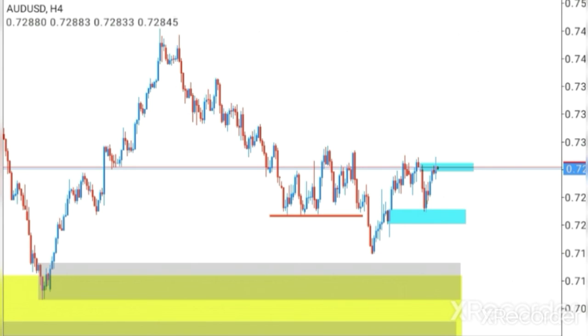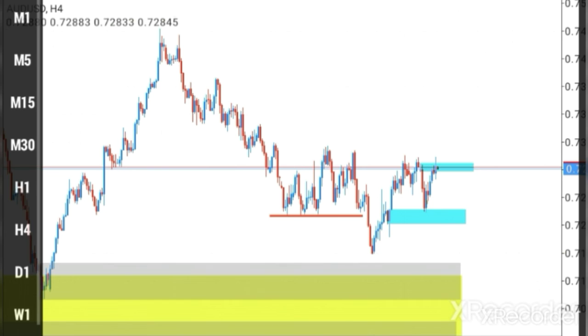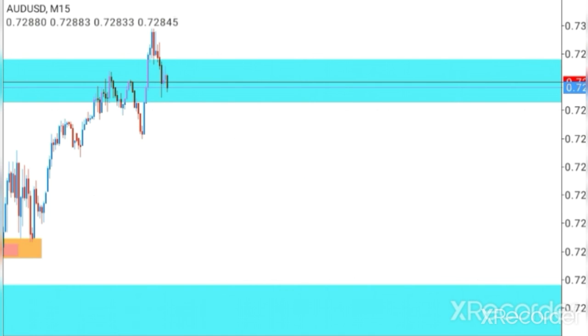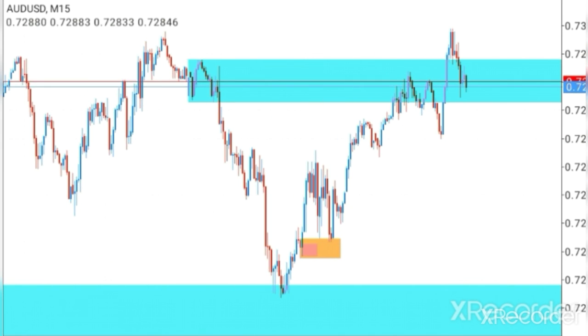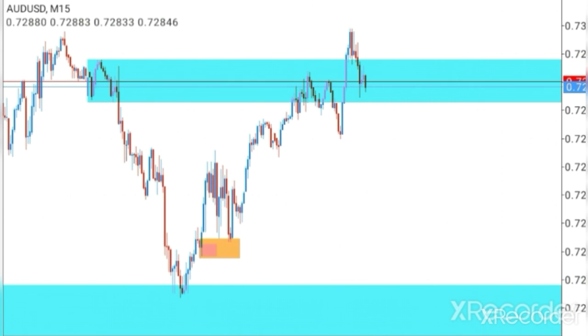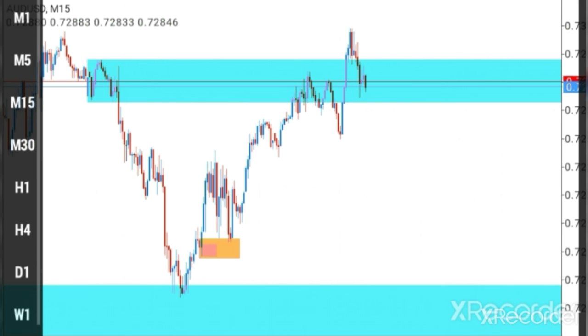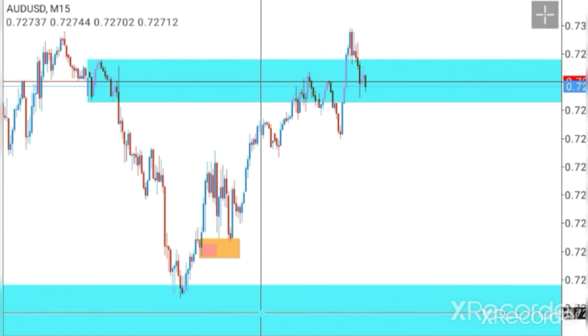So let's check 15 minutes as our lower time frame. As price comes into the 4-hour OB, look at what happened here. This OB down here, remember, this is your OB down here.